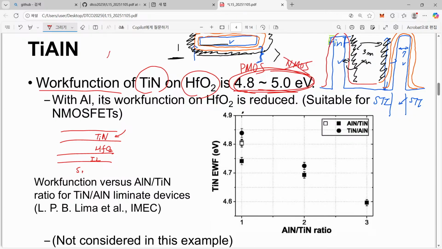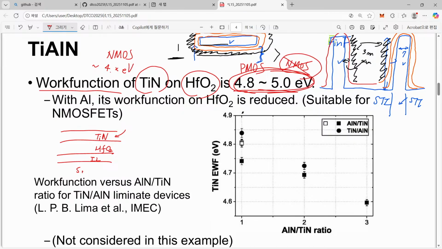Instead, an N MOSFET requires a number close to 4 point something eV, where something means 1, 2, 3, 0. These are required values for our N MOSFET. So simply speaking, if we just add a titanium nitride layer on top of hafnium oxide, then it is perfect to control the P MOSFET threshold voltage. Good. But how about the N MOSFET?